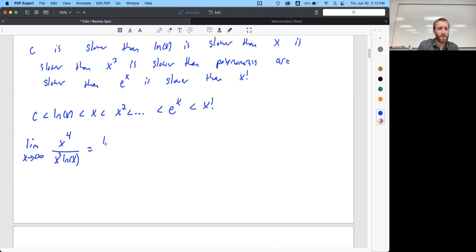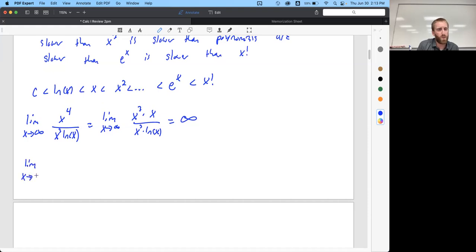But we can divide this into x cubed times x on top over x cubed times the natural log of x. And we know that x grows faster than the natural log of x, which means that the top is going to grow faster than the bottom. And so this whole thing is going to go to infinity without having to do 4 L'Hopital's rules here, or however many it would take.